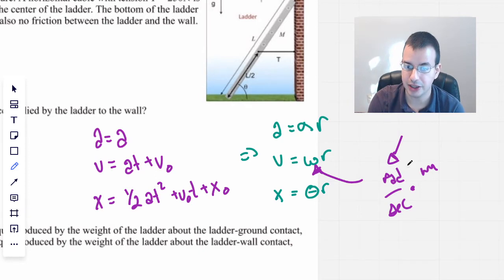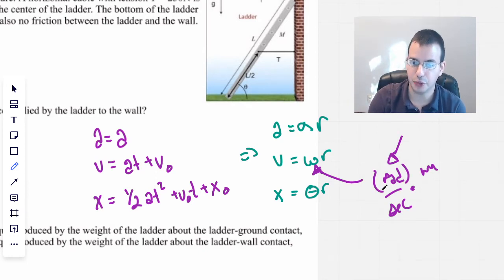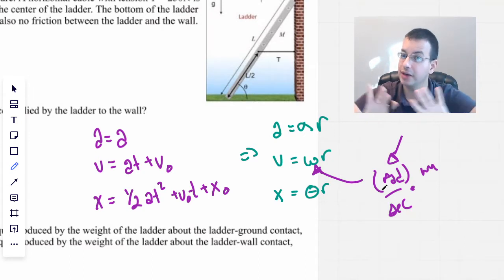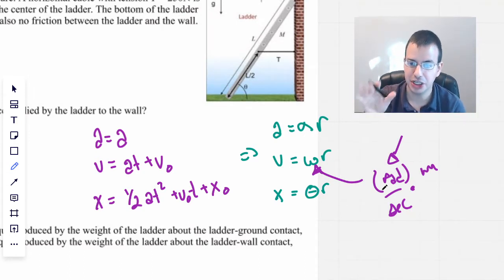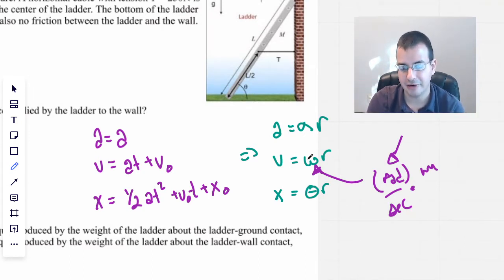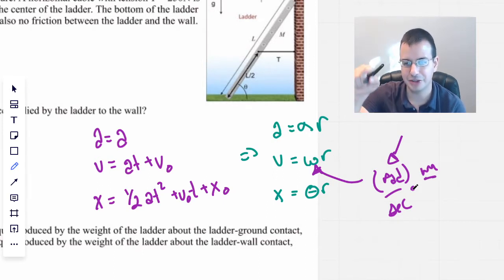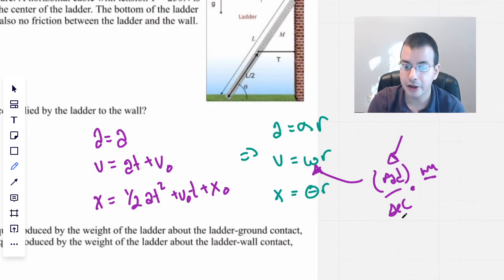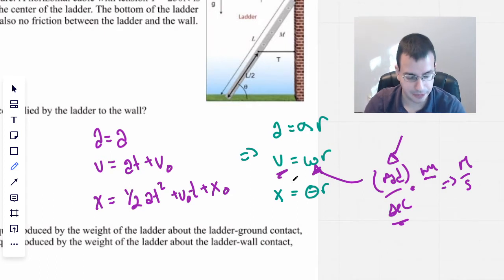A lot of times when I write this, I put parentheses around radians to say that it's not actually a dimension. We could leave it off and be fine, but I like to put it in just to be clear. So when you have angular velocity times radius, you get meters times seconds, which gives you meters per second, which is the dimensions for velocity.